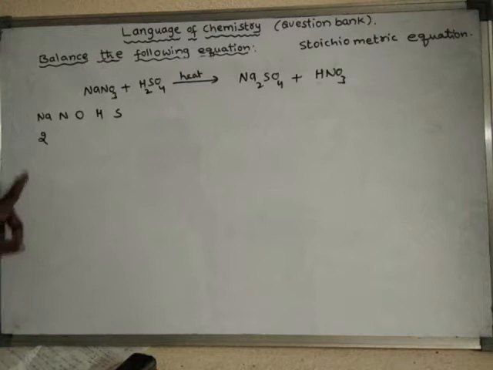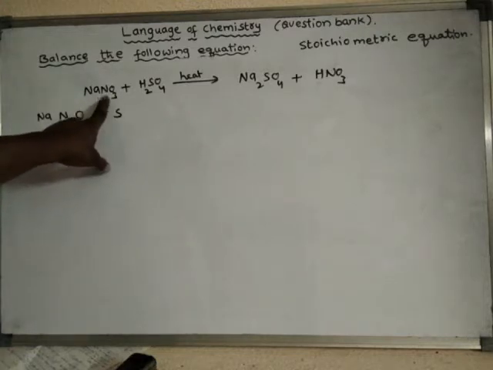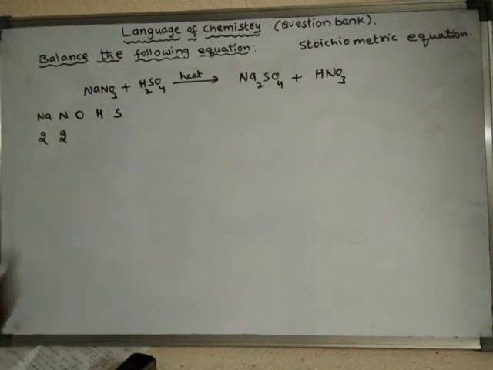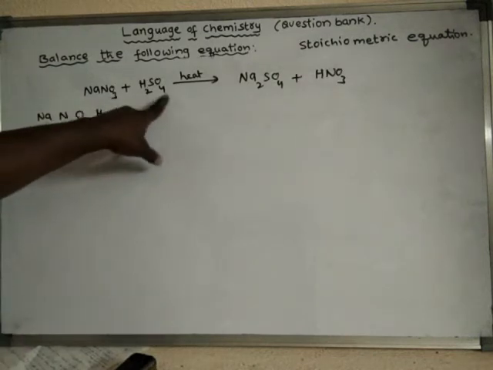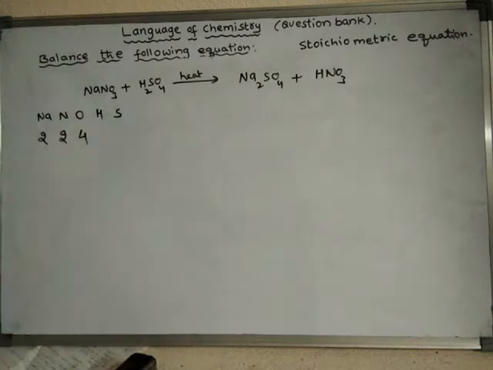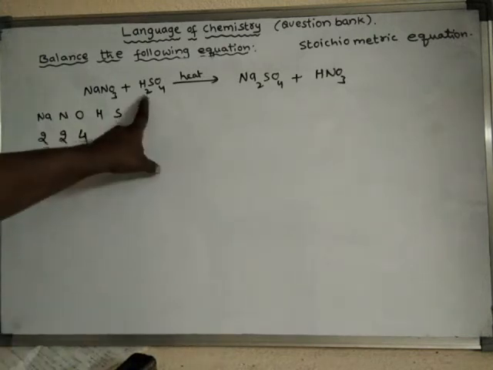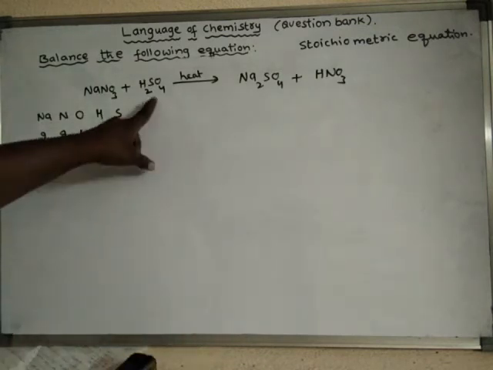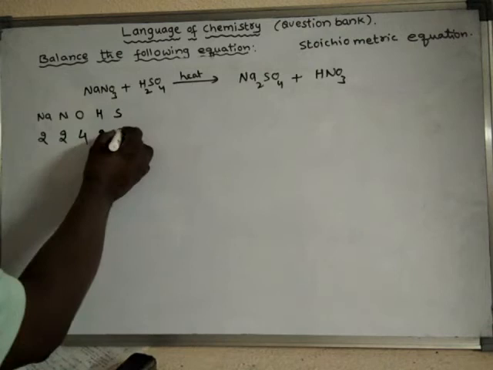Nitrogen, 1 place and 2nd place. So nitrogen's frequency number is also 2. Oxygen, 1, 2, 3, 4 places. So oxygen is available at 4 places. Hydrogen is available at 2 places. Sulfur is available at 2 places.